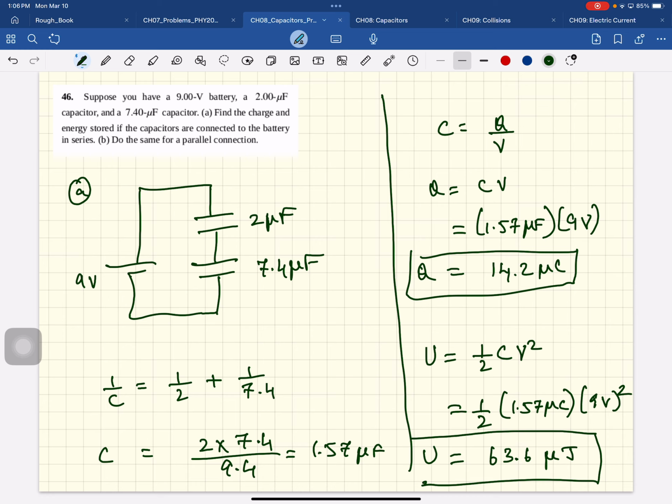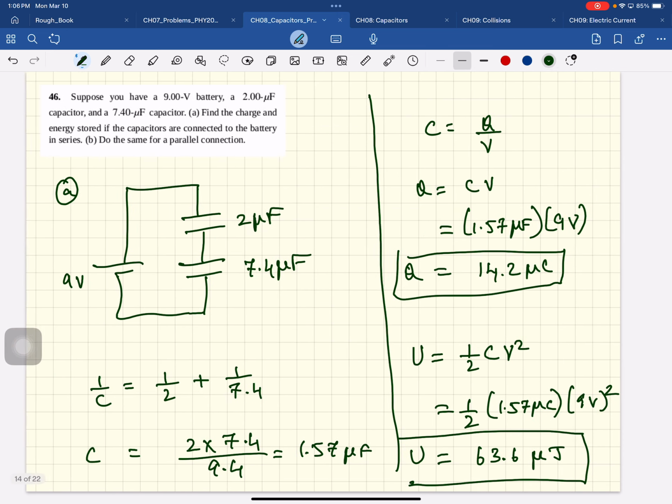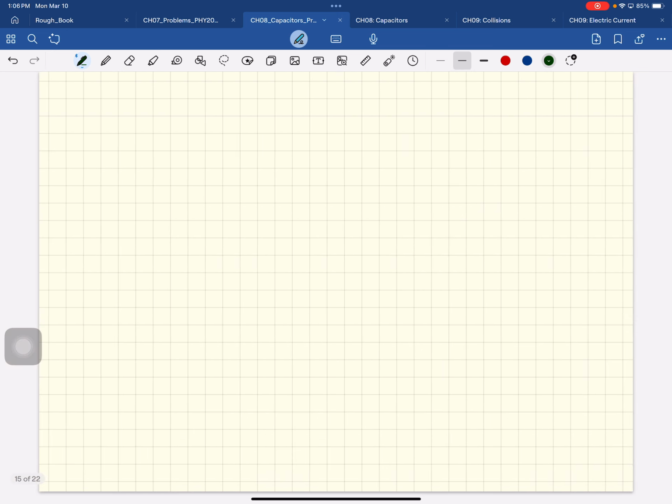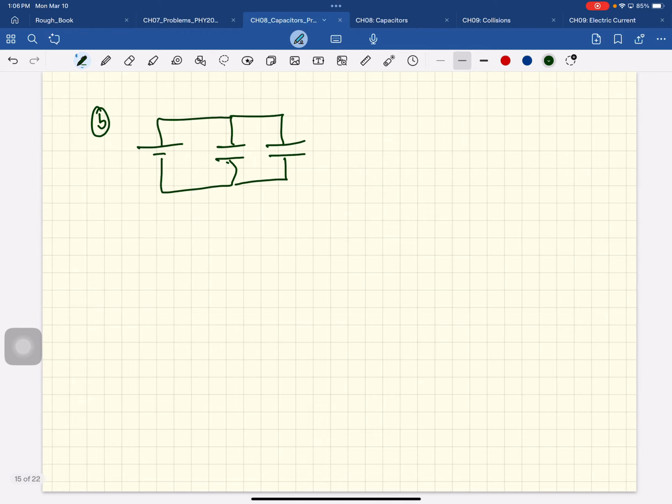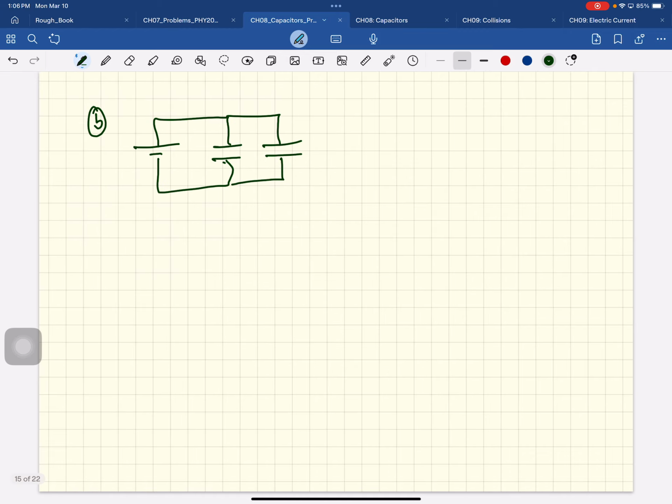Now we'll do the same thing for the parallel connection, and I'm just going to do the energy. The energy is 1/2 C V squared.